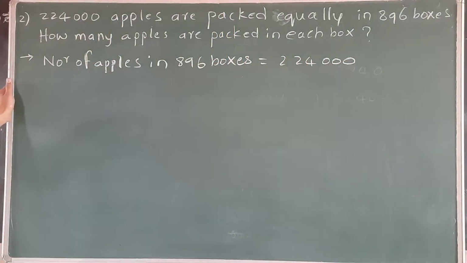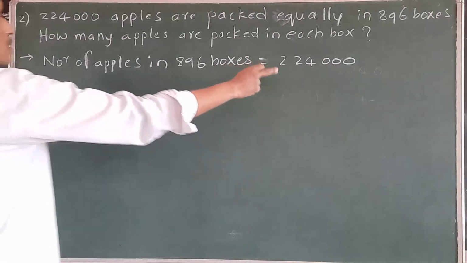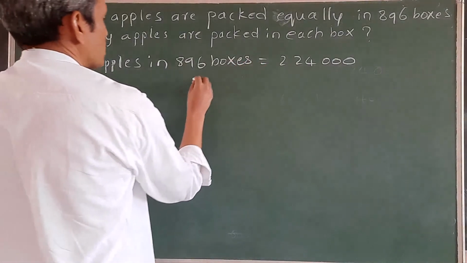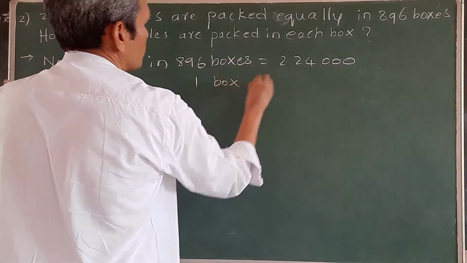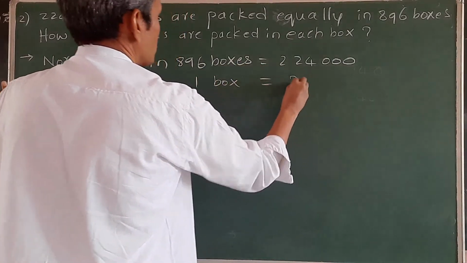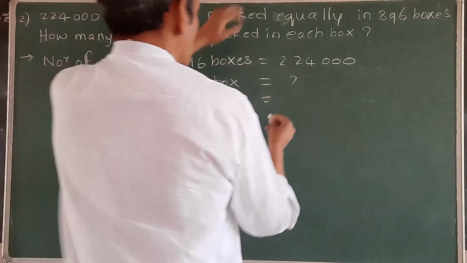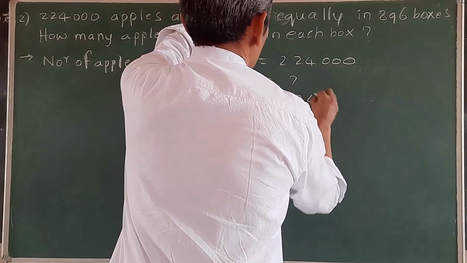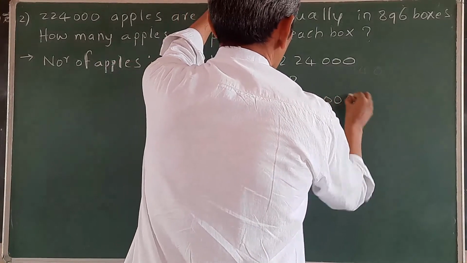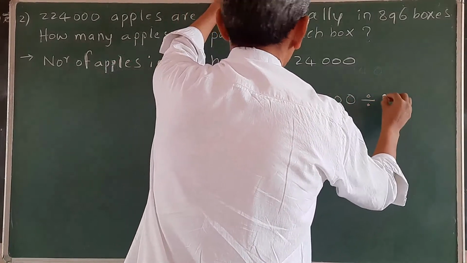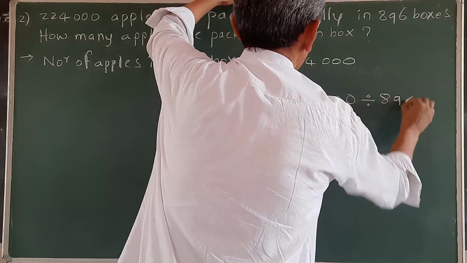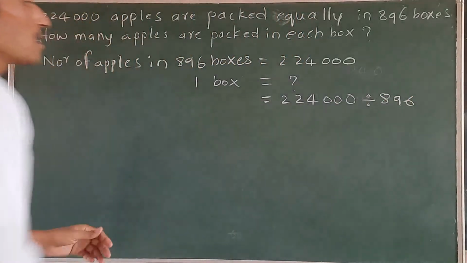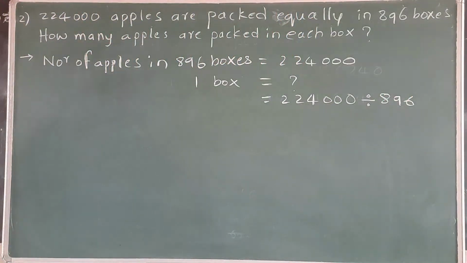The number of apples in 896 boxes is this many, and the number of apples in one box is equal to how much, we don't know. To get this answer we should divide the total number of apples by the total number of boxes, that is 896. Then we will get the number of apples in one box.